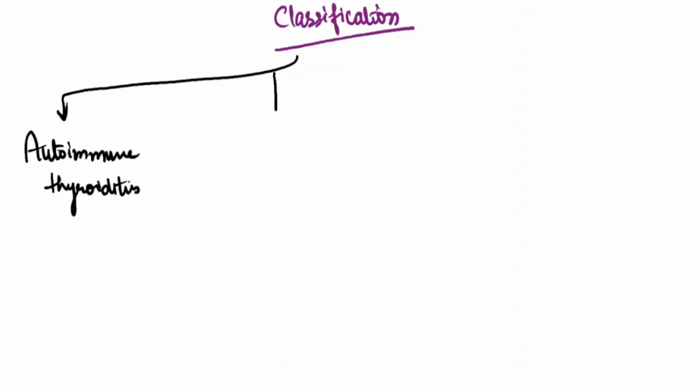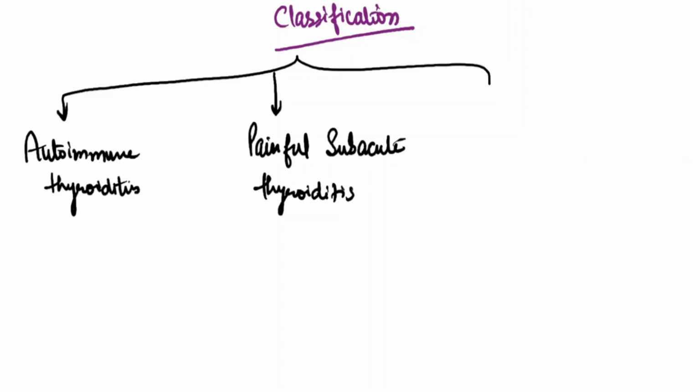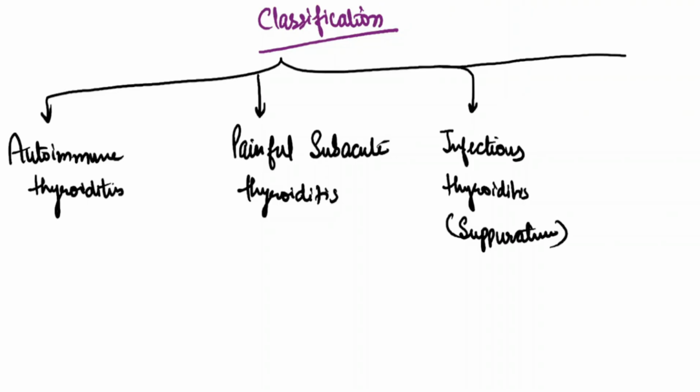The second one is painful subacute thyroiditis. Third is infectious thyroiditis, also known as suppurative thyroiditis. And the fourth one is IgG4 related thyroiditis, also known as Riedel's thyroiditis.